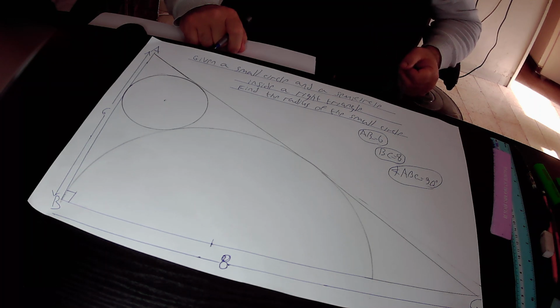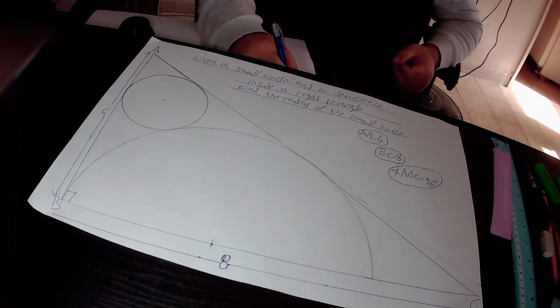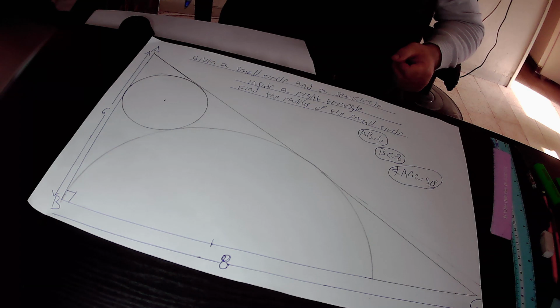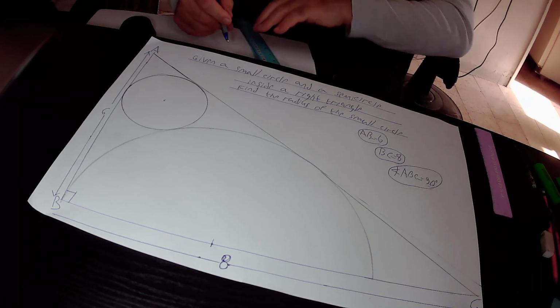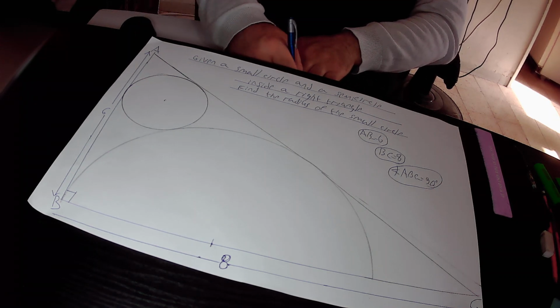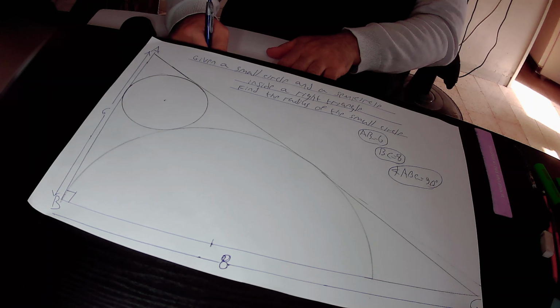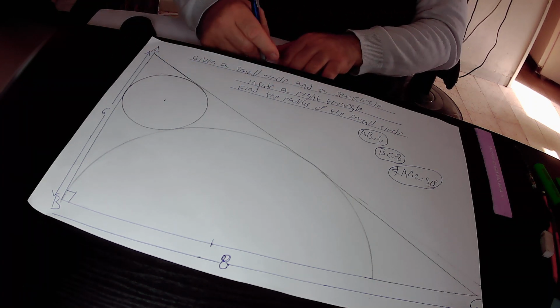According to the Pythagoras theorem, in any right triangle, the square of the hypotenuse equals the sum of the squares of the perpendiculars. The hypotenuse in the big right triangle ABC is AC, and therefore the square of the hypotenuse is AC squared, and AC squared must be equal to AB squared plus BC squared.